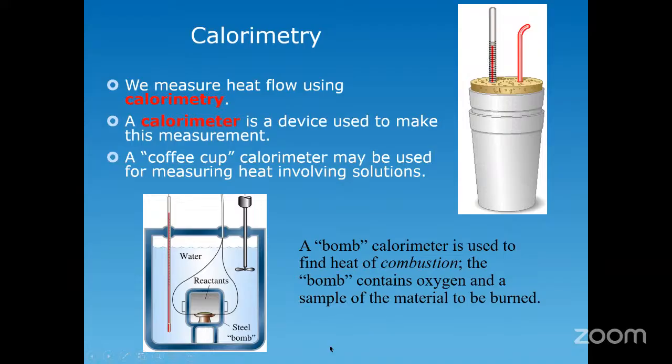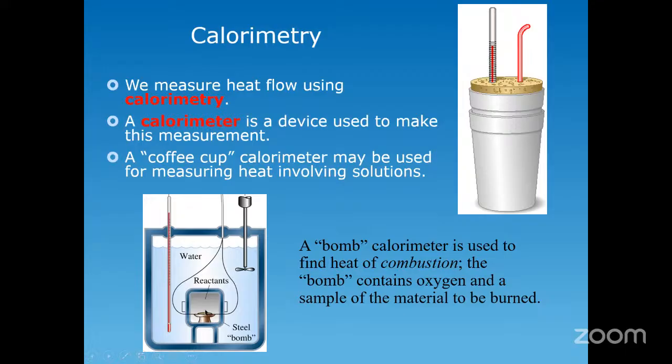Let me briefly describe what's happening here. Encased in this steel bomb, which is a kind of compartment, you're going to have your organic compound. You have 2 lead wires leading into the compound, which is placed on this dish. And what you're going to do is ignite the compound.